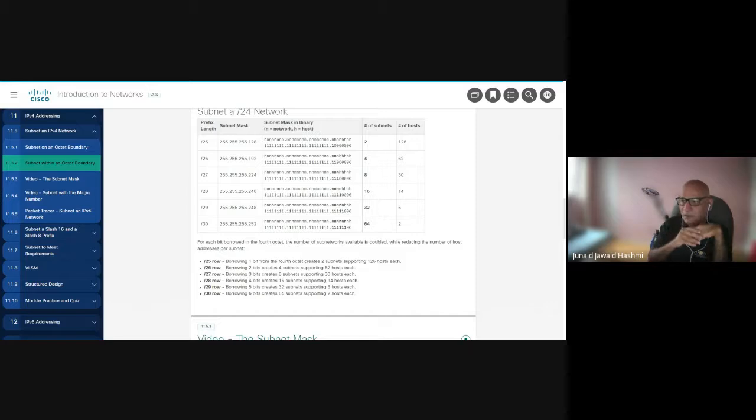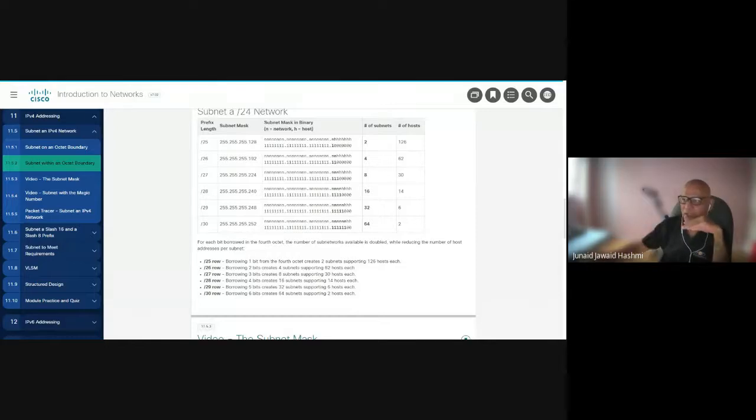So you take the bits from the host portion and add them to the network portion. That gives you more network IDs with fewer hosts in each network.